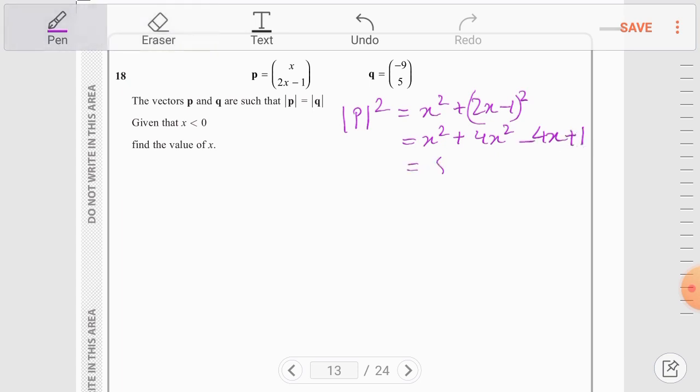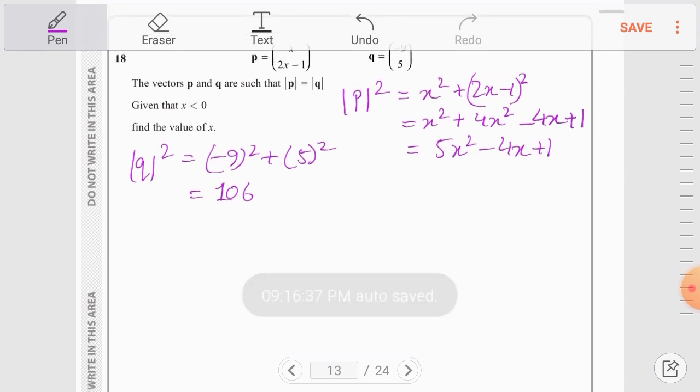So that would be 5x square minus 4x plus 1, and the modulus of q square would be minus 9 square plus 5 square. Sorry, so the value for modulus of q square is 106.